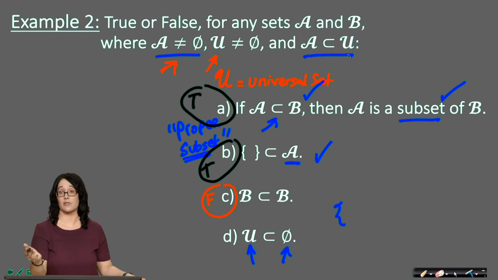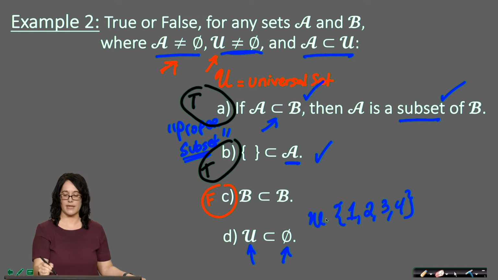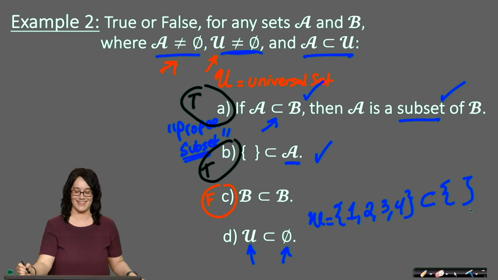We know that it's not empty. We talked about that up here. So let's say it has the numbers like 1, 2, 3, 4. Just for example, let's say that's our universe, okay? Would that set be a proper subset of the empty set? In other words, is every element on the left contained in the right? Well, no, right? Because the empty set has nothing inside of it.